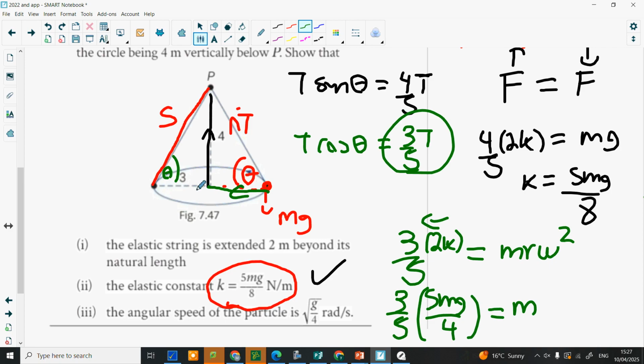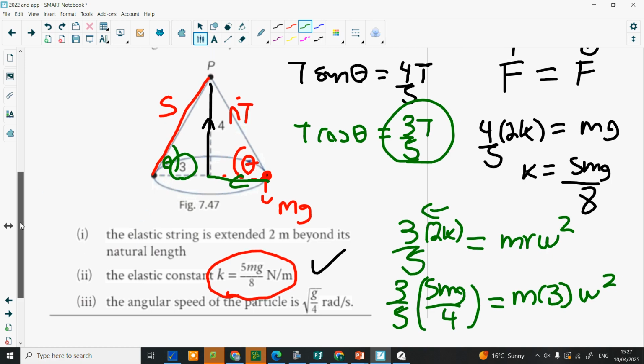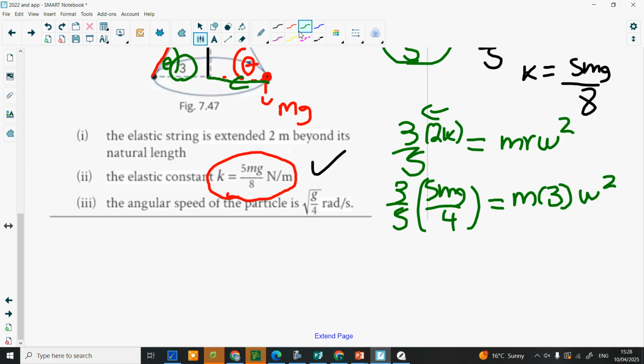What's the r value for your circle? 3. Now I just have to isolate omega squared, don't I? Let's see what cancels here. 3 cancels with 3. m cancels with m. 5 cancels with 5. Hell, everything cancelled. And then what do we have?